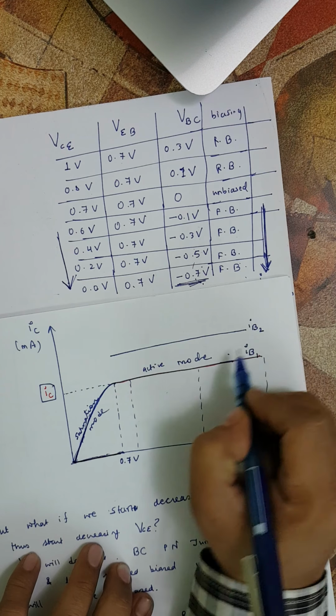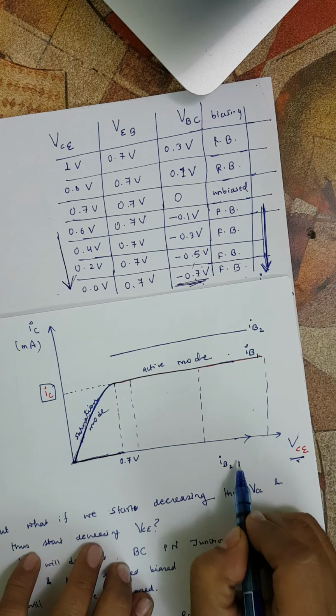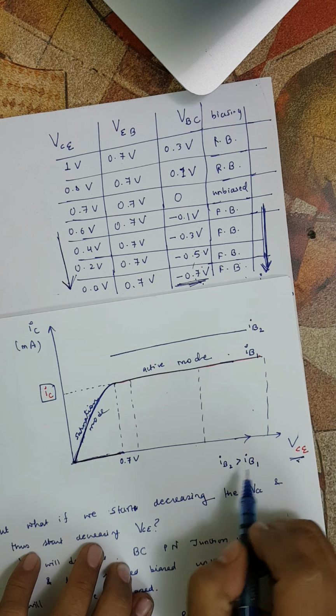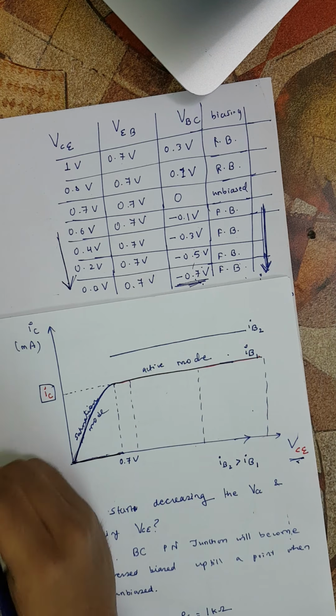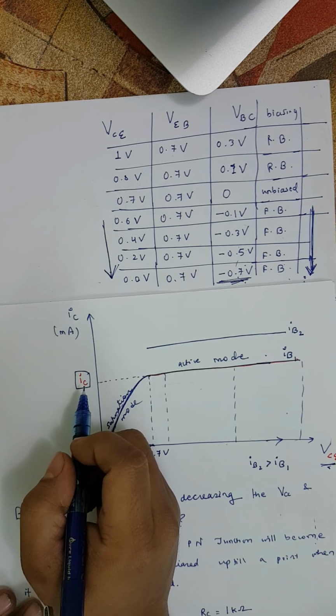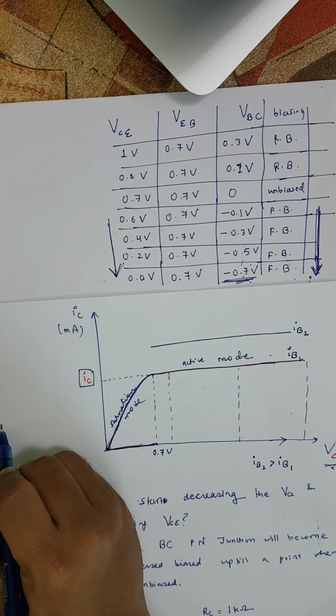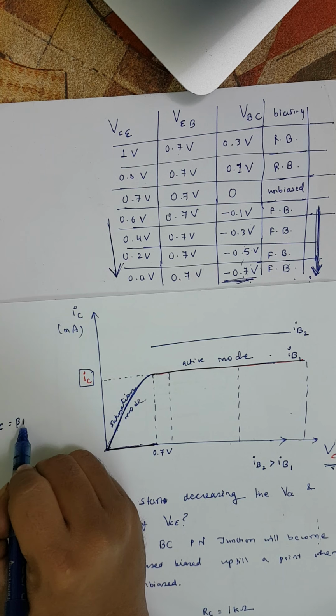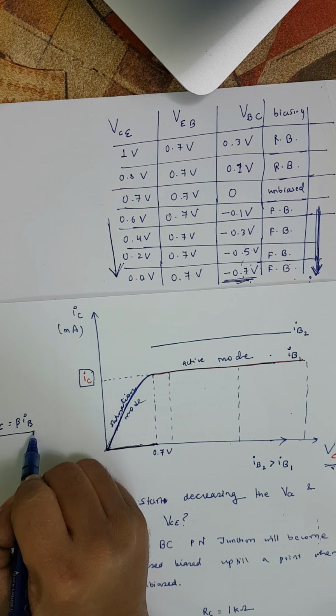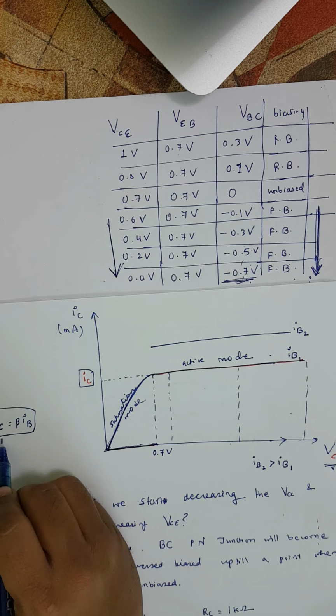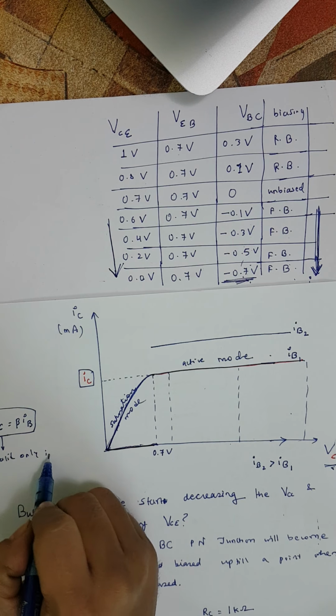A higher IB will drive a higher IC. Now we discussed previously that IC is equal to beta IB, but this is valid only when the transistor is in the active mode.